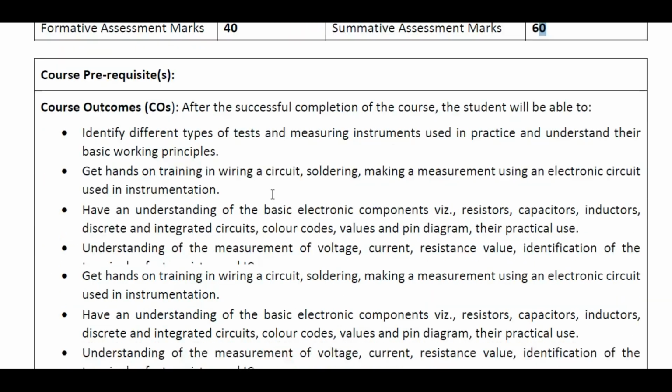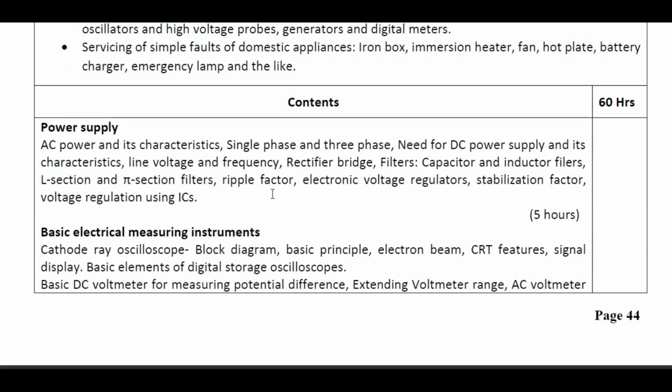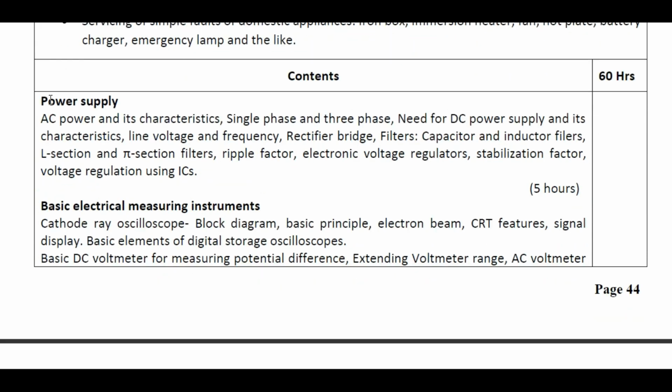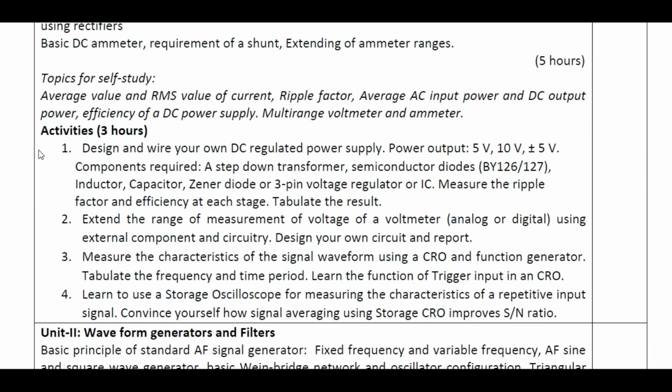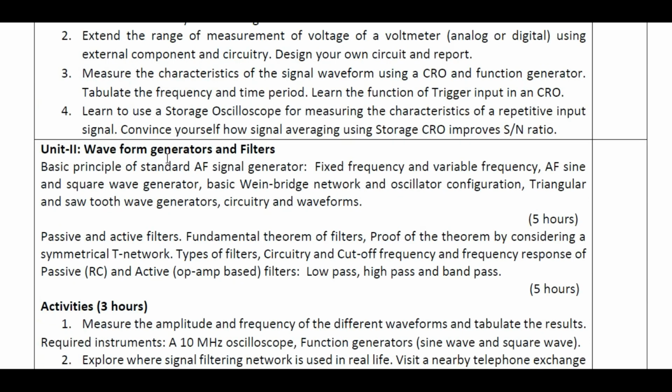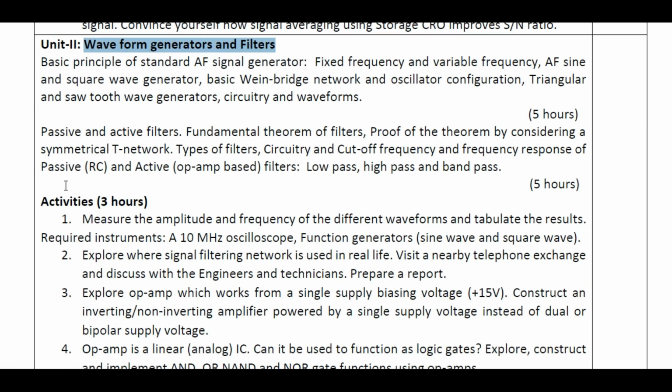Again there will be 4 units. The first is power supply and basic electrical measuring instruments, and activities are also mentioned. The second unit is on waveform generators and filters, and based on this unit, activities are also mentioned.